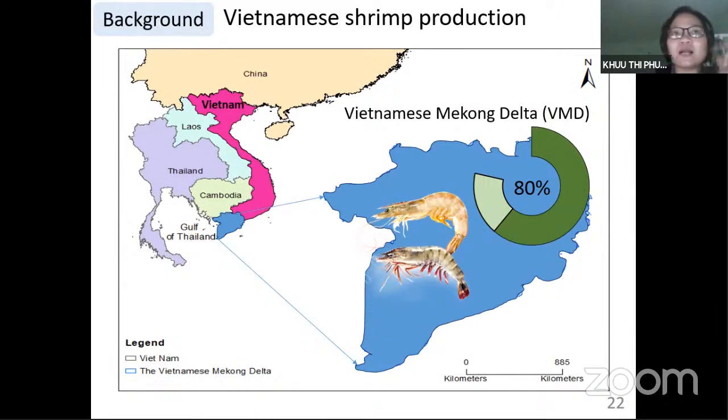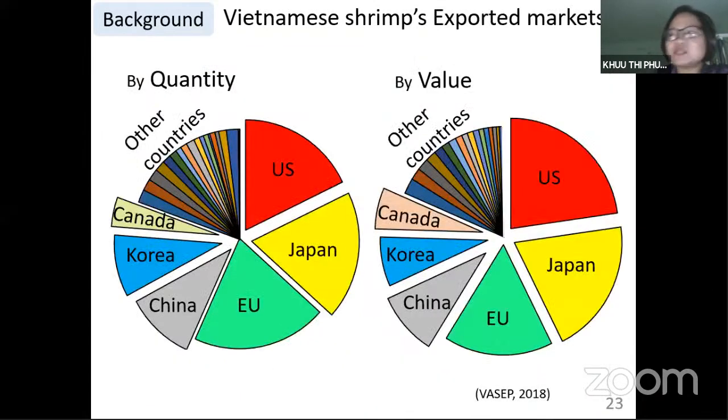It means that the main purpose of production is to export. And as you can see in this figure, here's our main market. You can see its quantity, its value. It means that if we can export to the US, we can export to Japan, we can get a higher price because of its quantity, its export value.